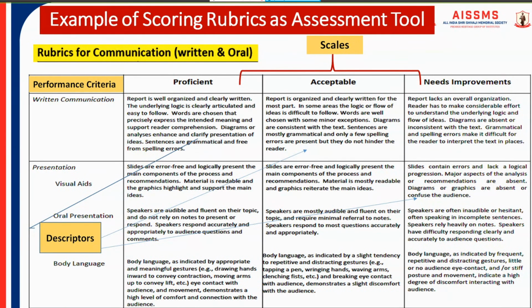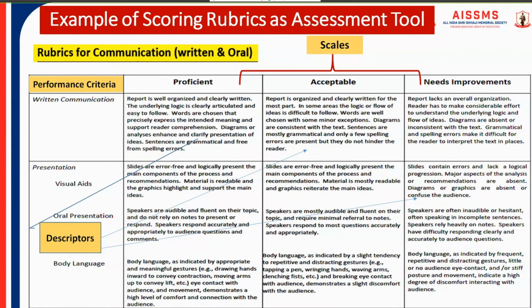When we talk about this, I'll just read one row of it. I won't go into the details of it, so that when I'm reading, you can also have a look at this particular slide. I'm again repeating, this rubrics is to understand the communication of a particular student. We are going to assess both his written and oral communication skills.